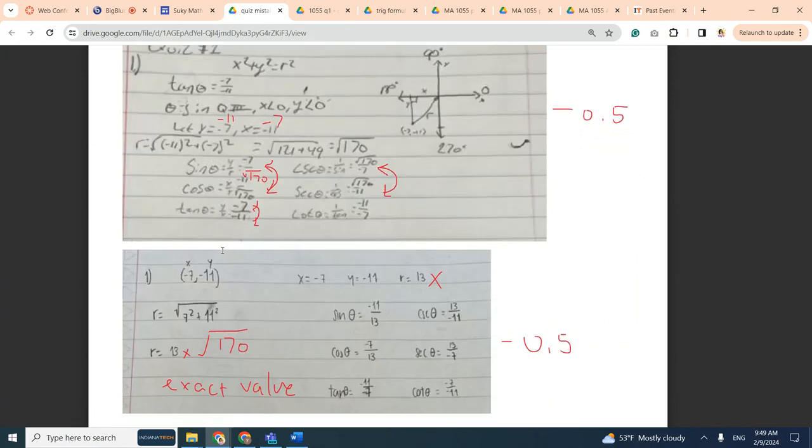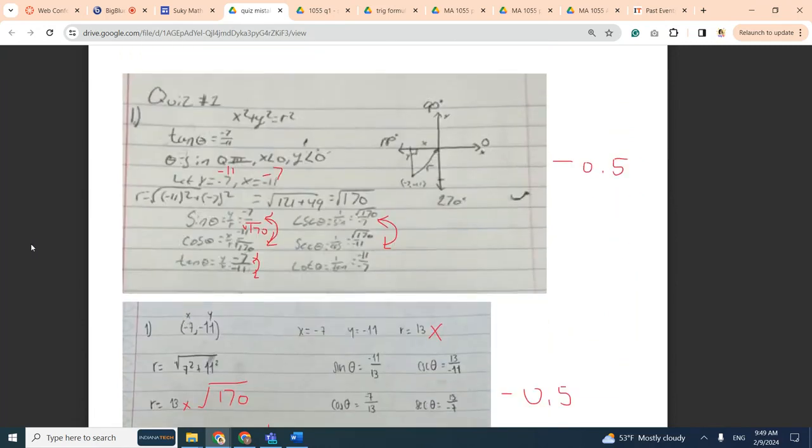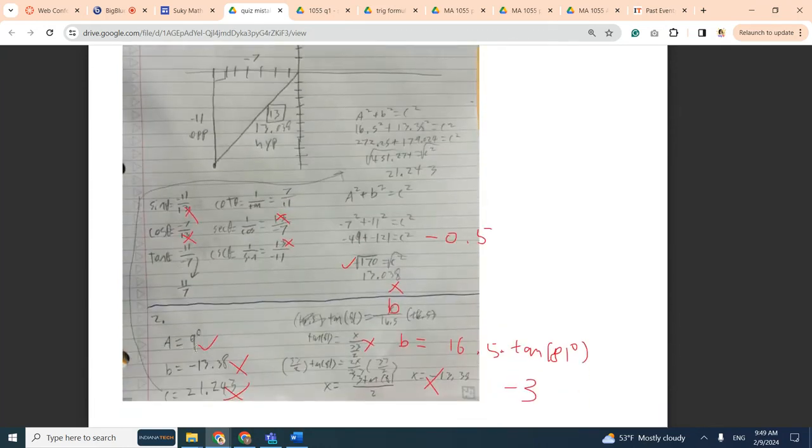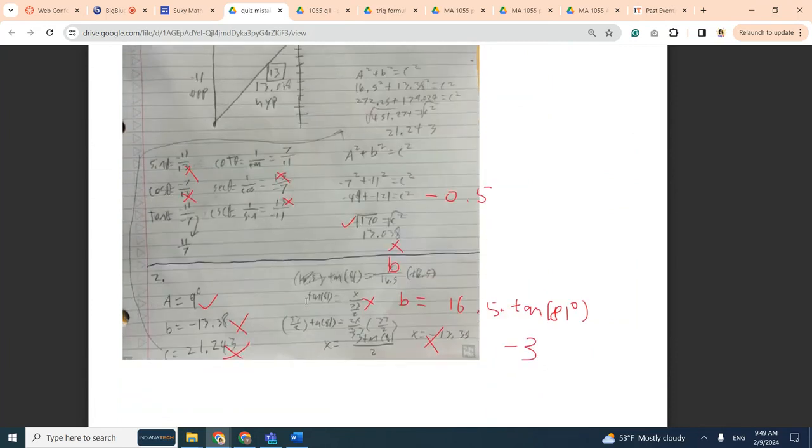Here, x is the horizontal distance, so x is -7, and y is -11. That's why it's all flipped if you get the x and y wrong. And then here, exact value, don't round it.